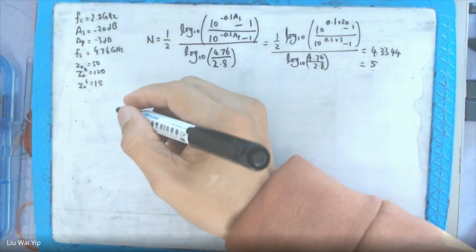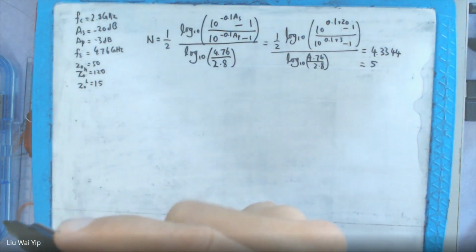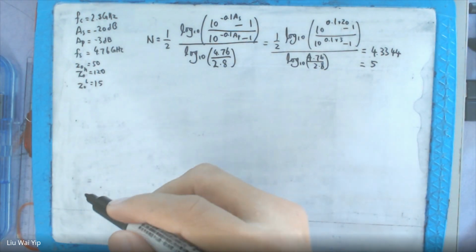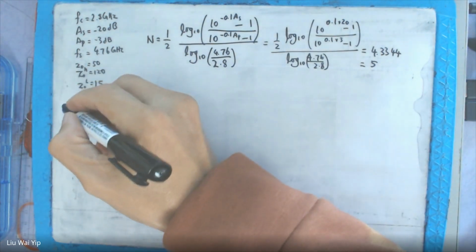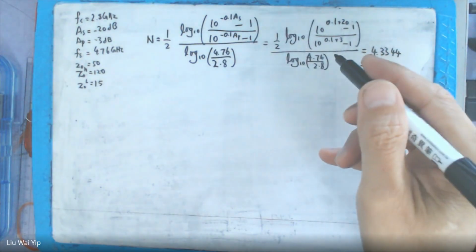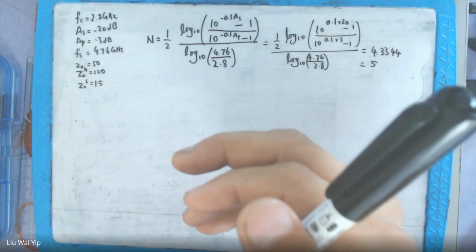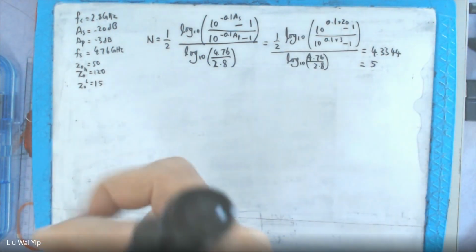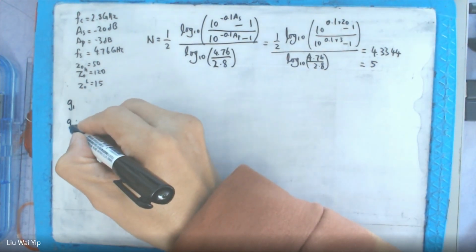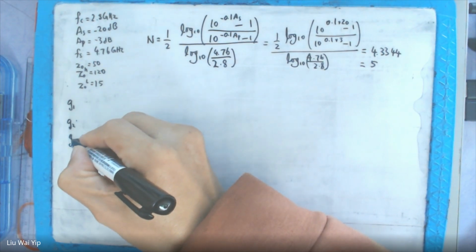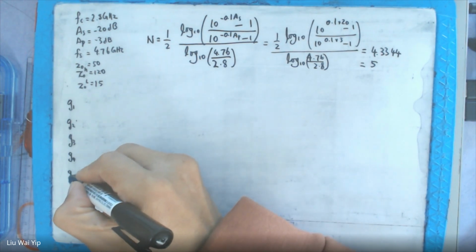Now, the next thing that you need to do is to use the prototype table to look for the filter gains at each stage. The filter has the order 5, so there will be 5 sections: G1, G2, G3, G4, G5.